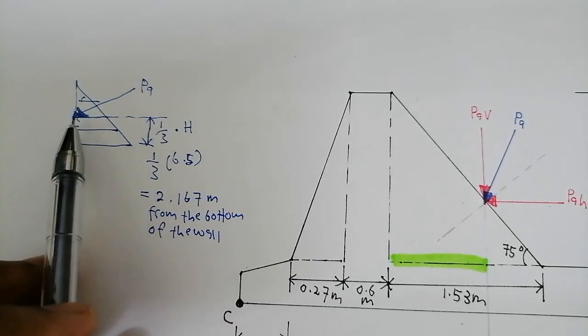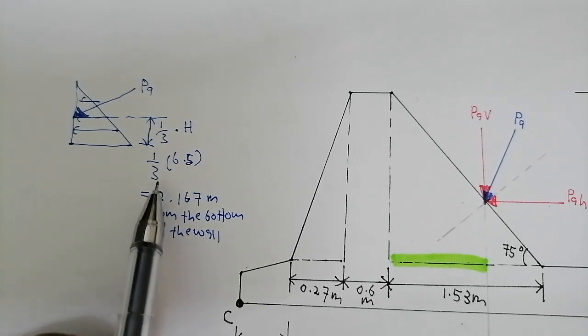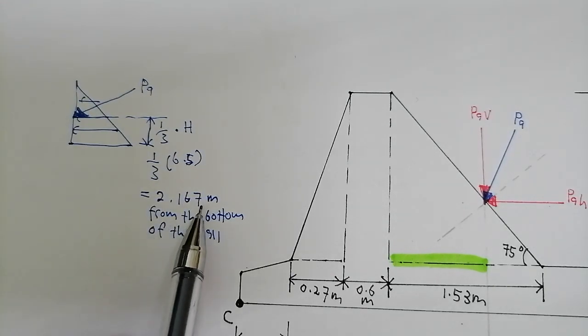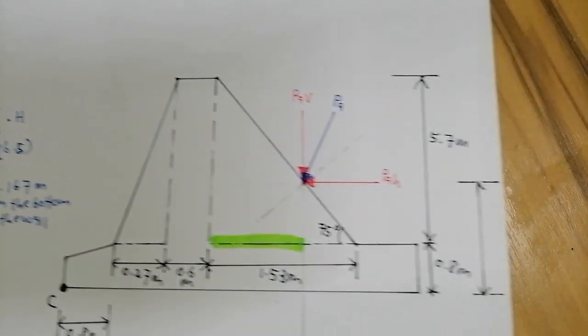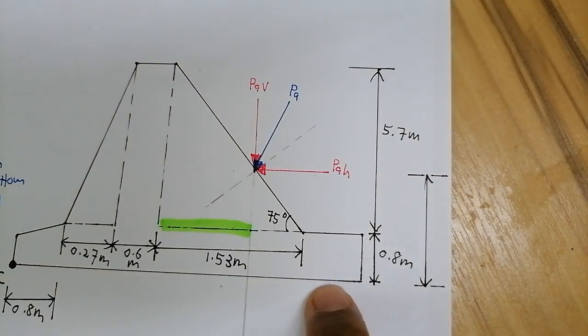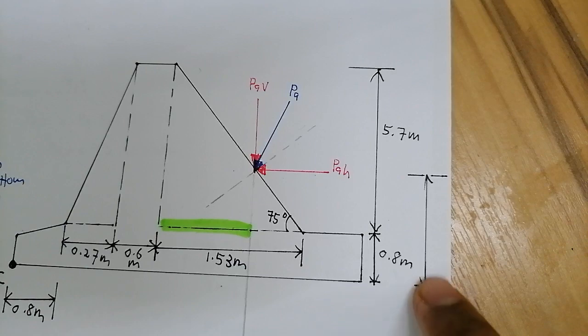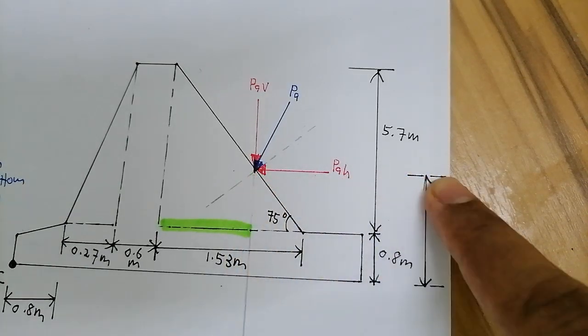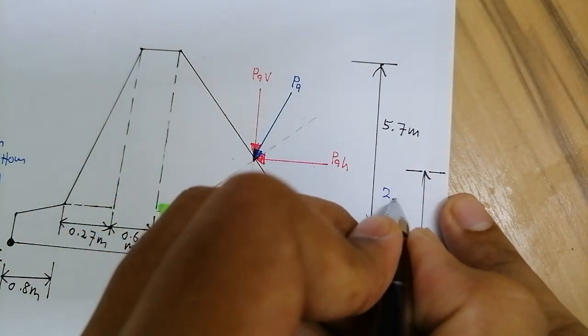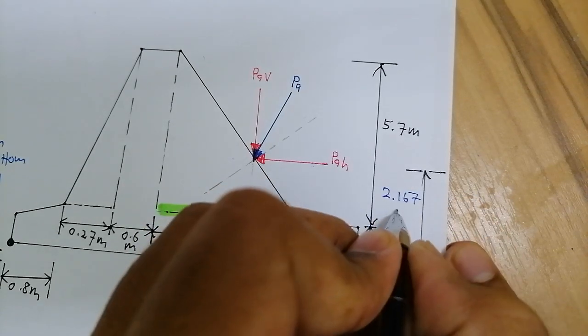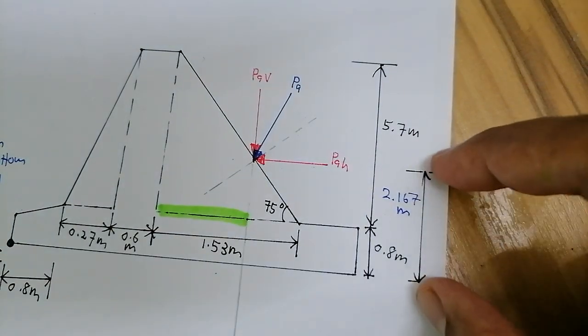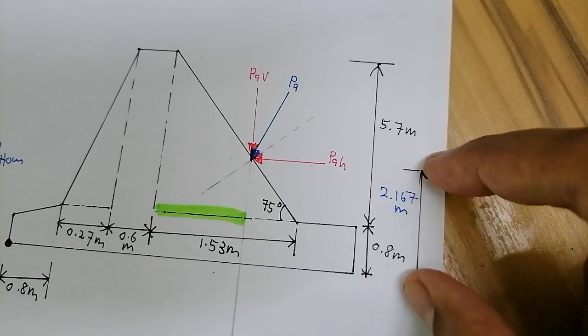Okay, so our PA here is acting at 2.167 meter measured from the bottom of the wall. So this is the distance, and this is the bottom of the wall. So PA is at 2.167 meter.